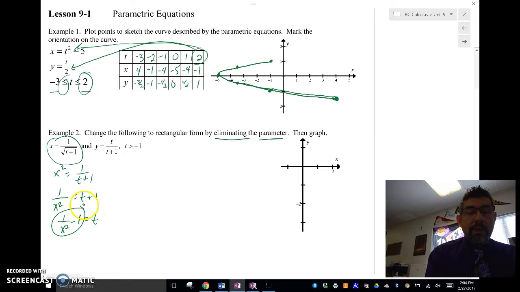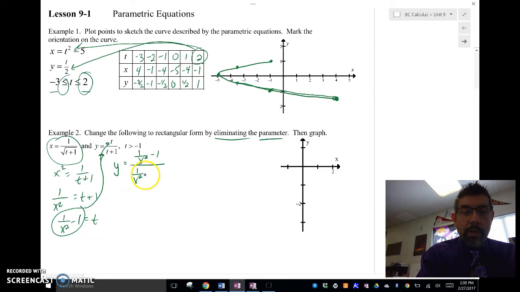Then I'm going to plug it into my other formula. So we're going to use substitution here. So we're going to have y equals 1 over x squared minus 1, over 1 over x squared minus 1, plus 1. So these are gone. And I'm going to multiply everything by x squared, top and bottom here.